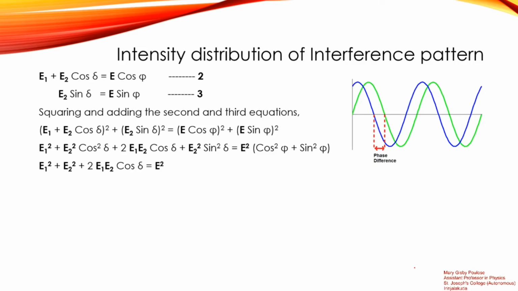Thus we can write E1² + E2² + 2E1E2 cos δ = E².